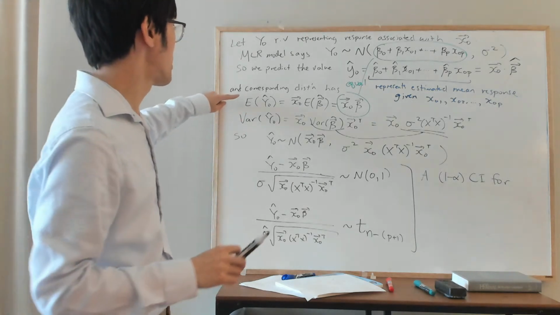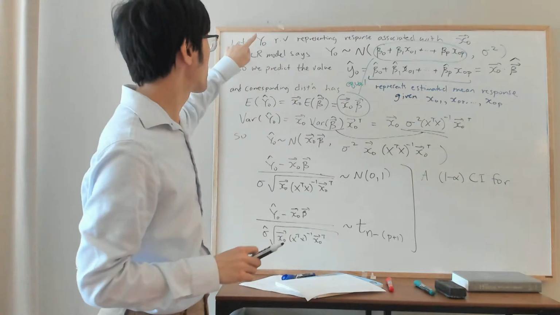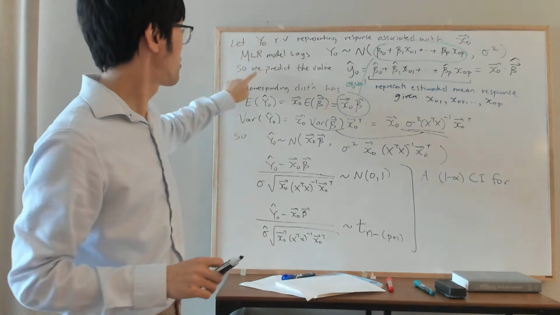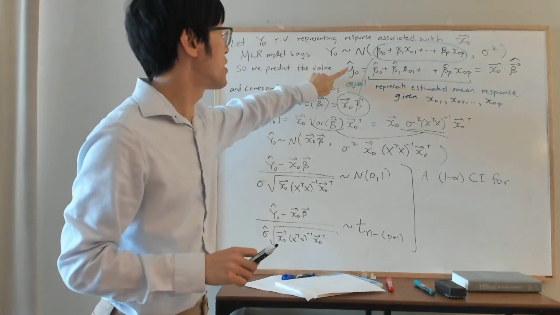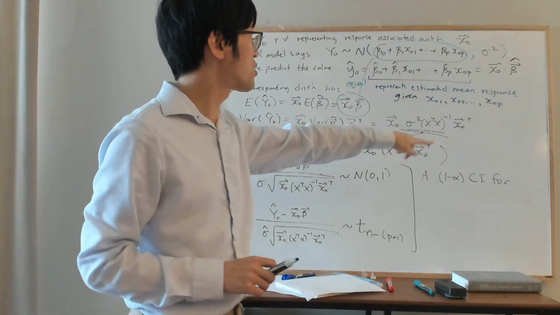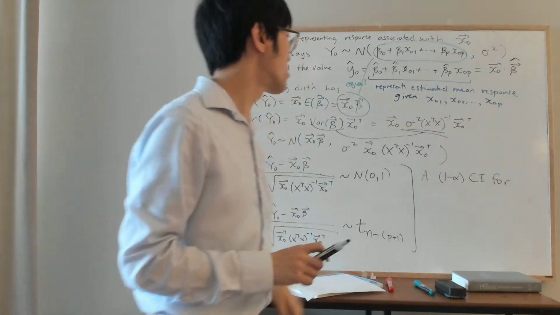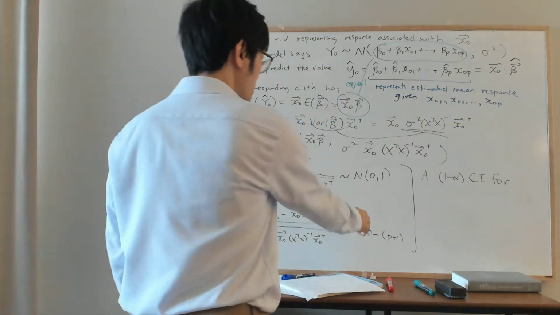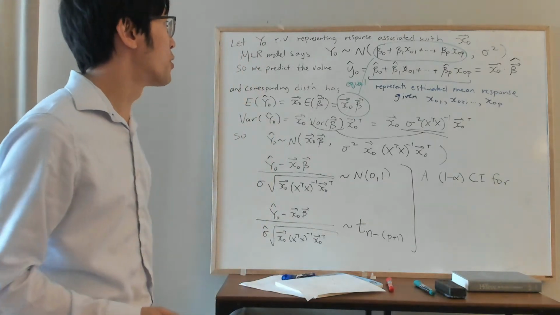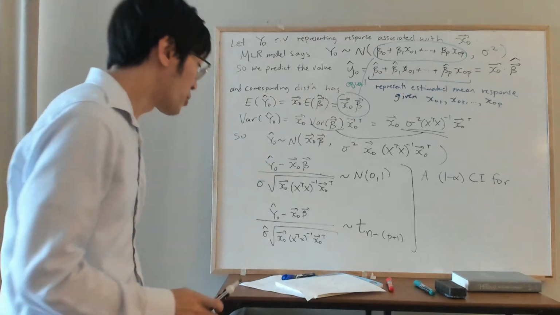What did we just estimate? We're trying to predict the new value. We started by stating this prediction y0 hat, which is really the estimated mean response. So this t distribution will give us a confidence interval for the mean response.